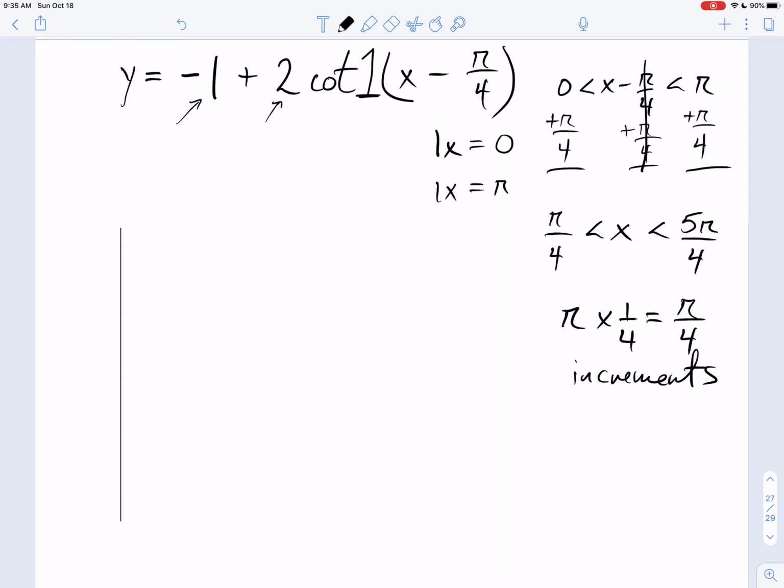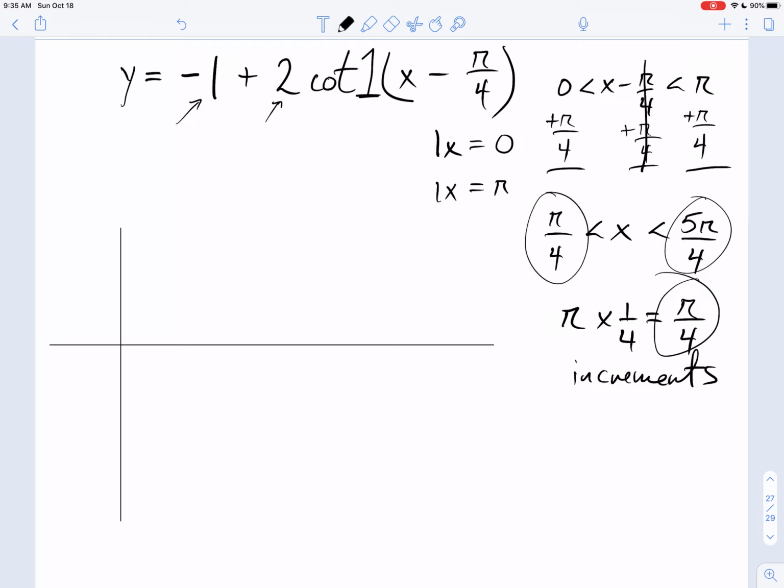Let's get an x, let's get a y. And everything's going to be on the right-hand side of this graph. And once again, since everything's already got common denominators to it, I'm going to just count. If this was 0, I'm going to count over. That'd be pi over 4. That'd be 2 pi over 4.